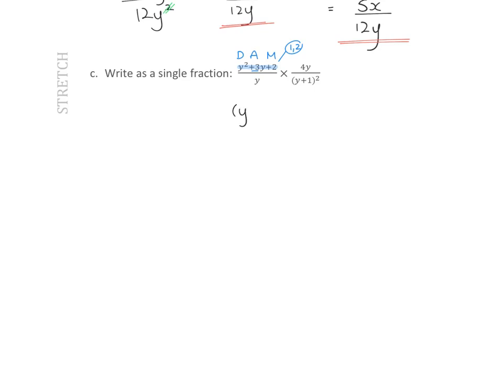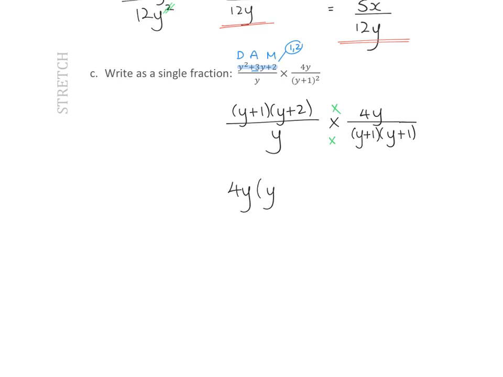So this is (y + 1)(y + 2) over y, times 4y over, and I'm going to write that out like this actually, (y + 1)(y + 1), so that square means it happens twice. And now, before simplifying, I'm simply going to multiply. So we multiply the top by the top, 4y times this, over the bottom, which is y times all of the bottom there.